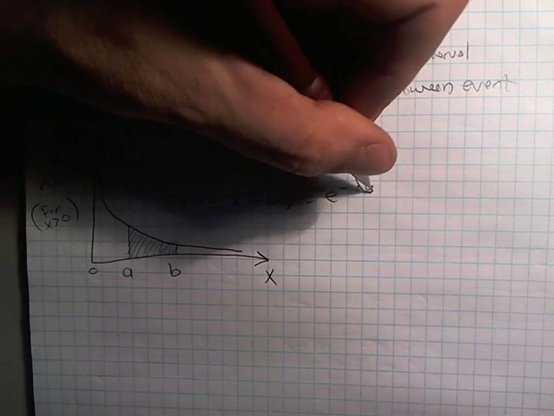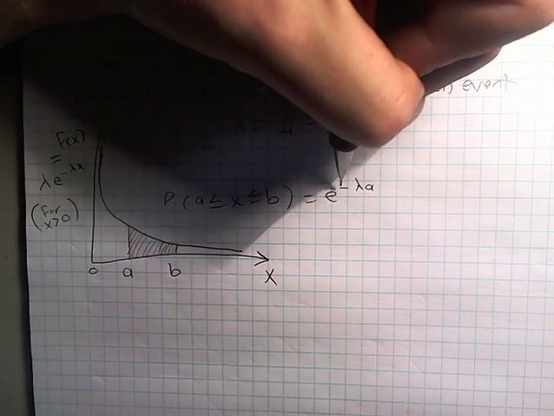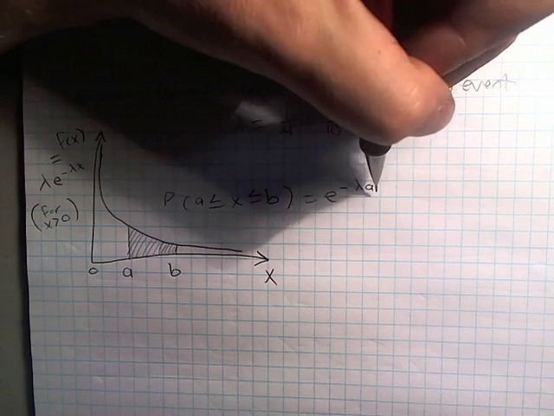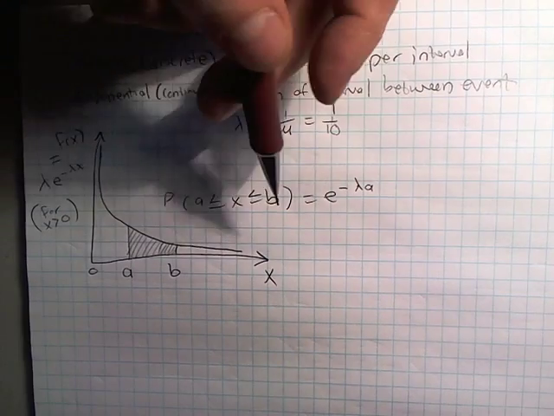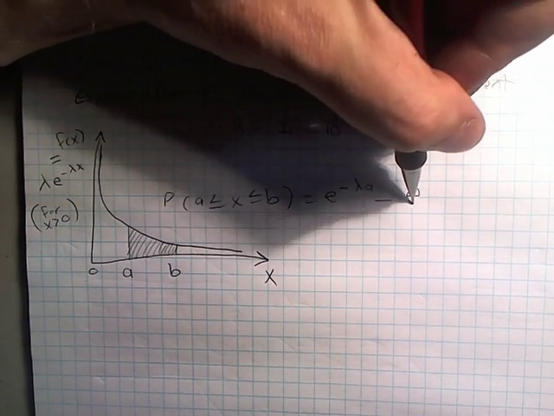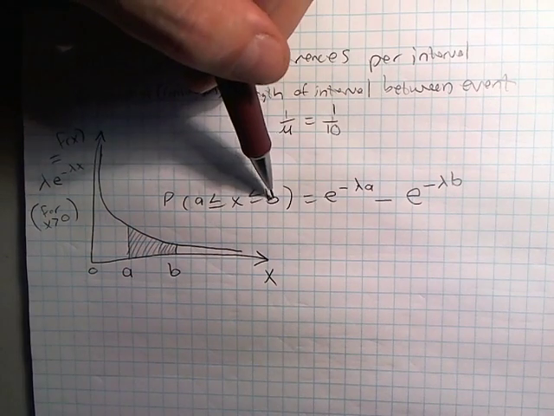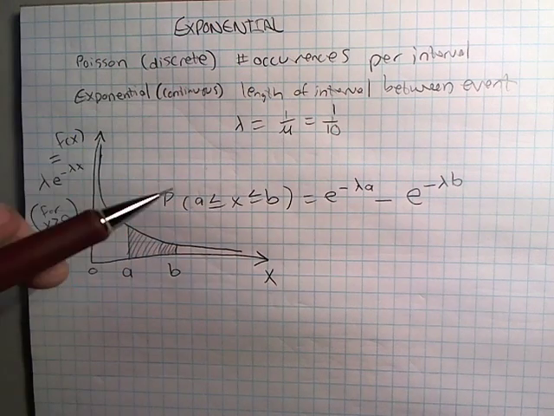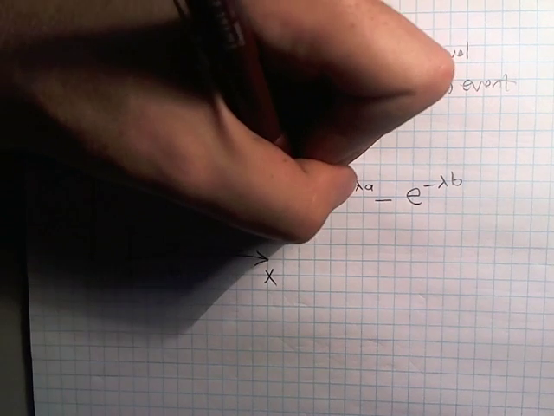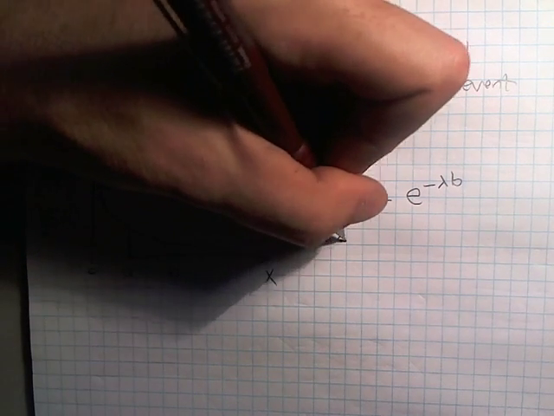What we have here is e to the negative lambda multiplied by the a value minus e to the negative lambda multiplied by the b value. And we can write that in a couple other configurations.